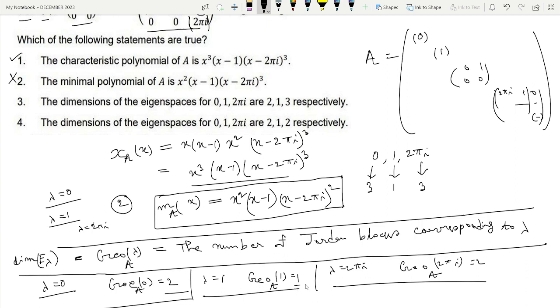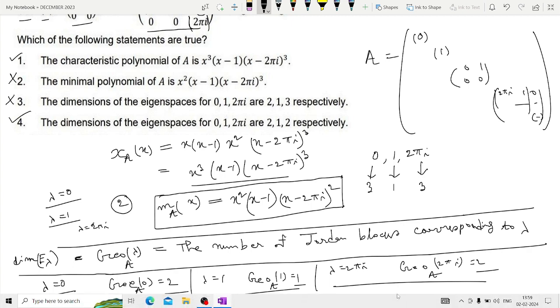For 1 it is 1, and for 2 pi I it is 2. So see that option 4 is the correct option, 2, 1, 2. So option 4 is the correct option, but option 3 says that dimension of the eigenspace of 2 pi I is 3, which is not correct. So option 3 is not the true option. So here 1 and 4 are the correct options and 2 and 3 are not the correct options. So this is the solution of this problem.